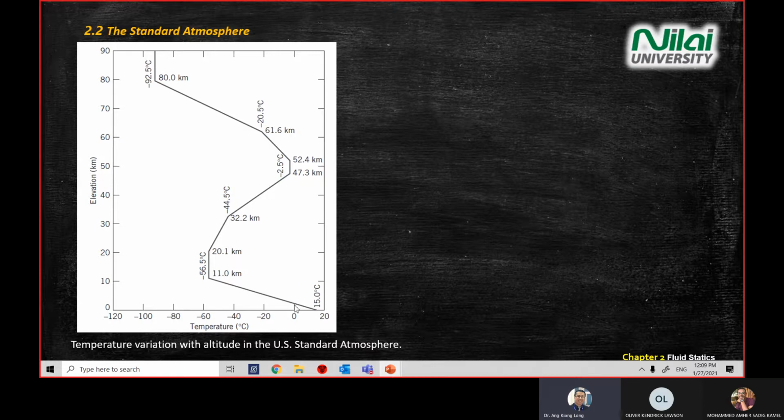So from 11 kilometers to about 20 kilometers, the temperature remains the same at negative 56.5 Celsius, and then it changes again according to the line here. This diagram is very straightforward, so you can refer to it when you need it. This graph will help you if the question asks what the temperature is at a certain height.